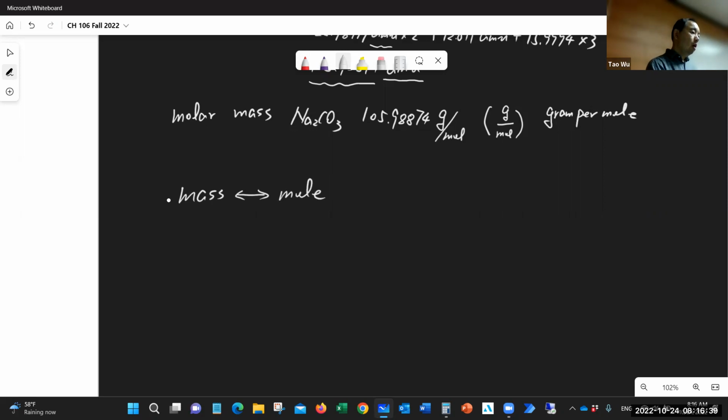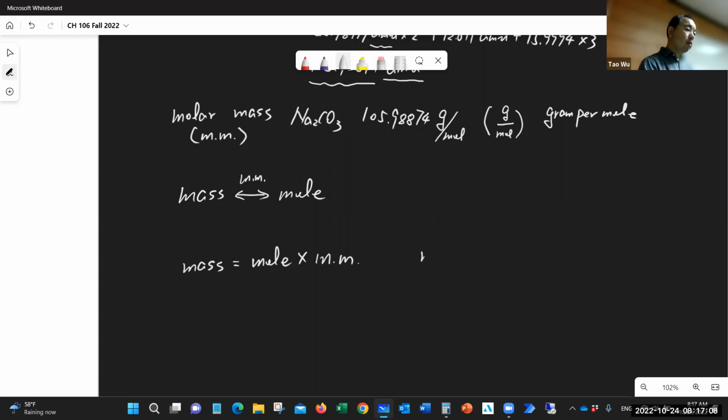So we know mass should be equal to the mole times the molar mass. So mole times molar mass is equal to the mass. If you convert between mole and mass, you have to have the molar mass for the formula. Yeah, you have to know this.